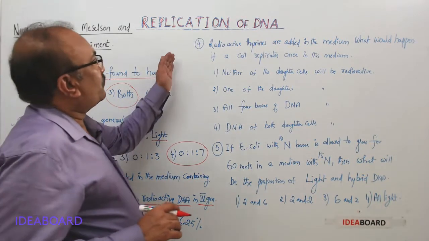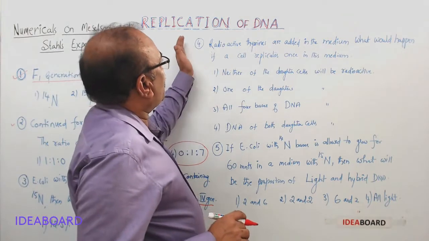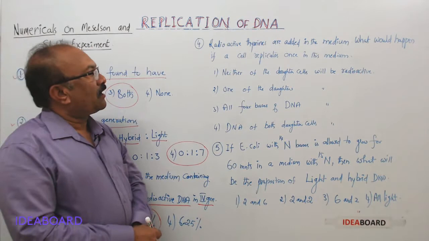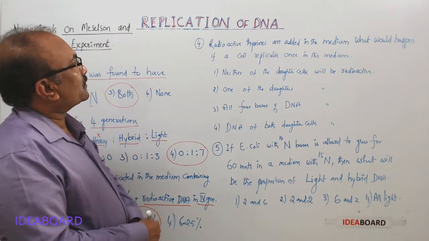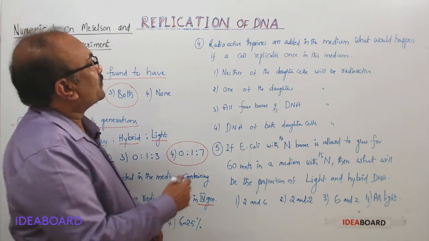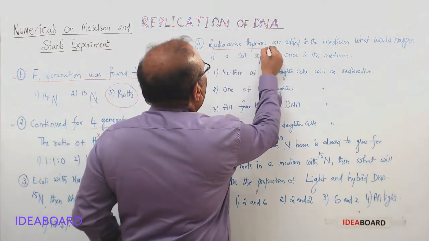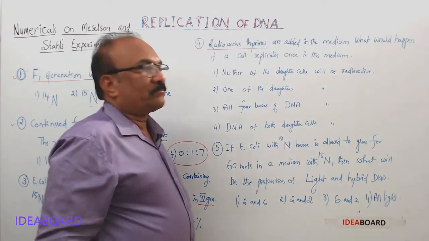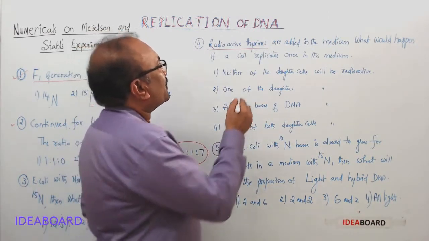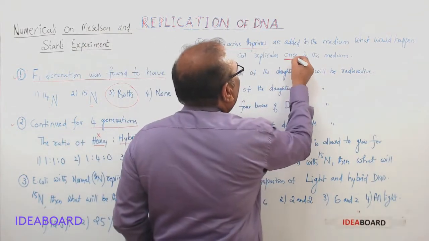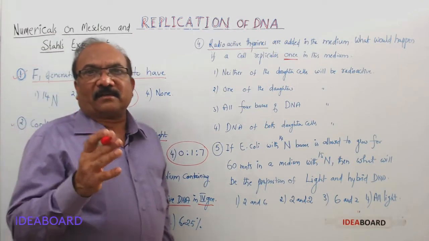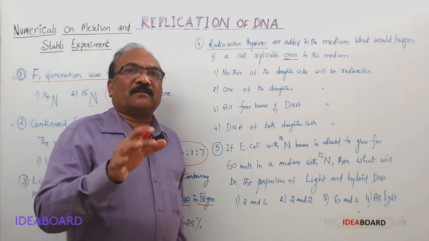Now let us see this fourth problem, and it goes like this. Suppose radioactive thymines are added in the medium. What would happen if a cell replicates once? If a cell replicates once, or divides once, how many daughter cells are formed?